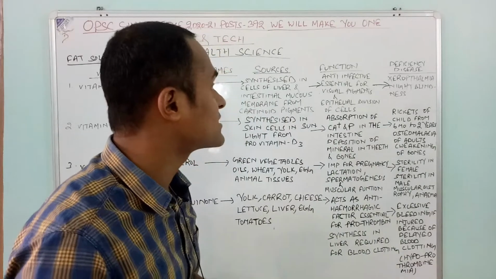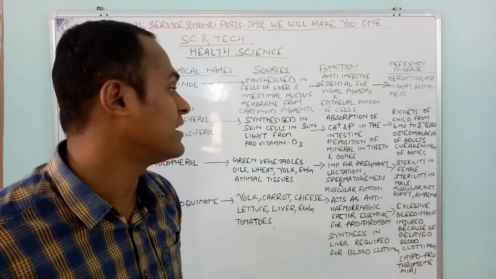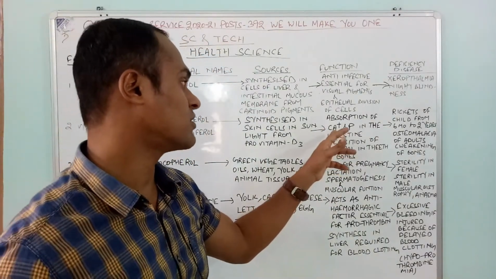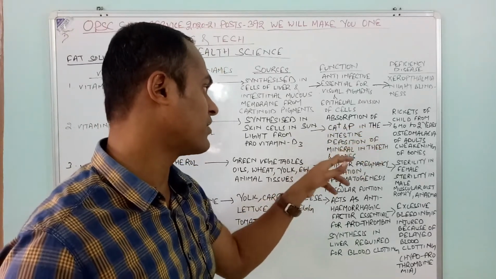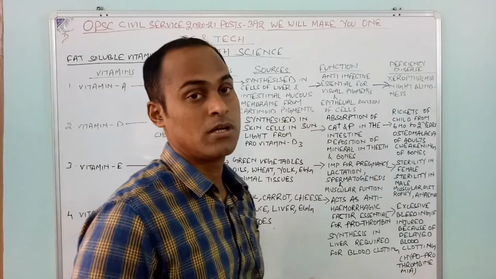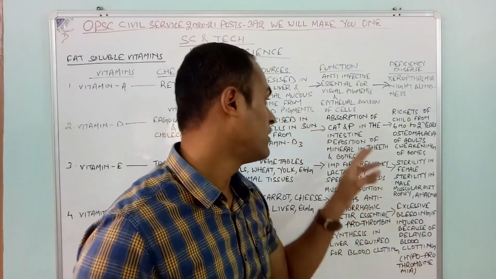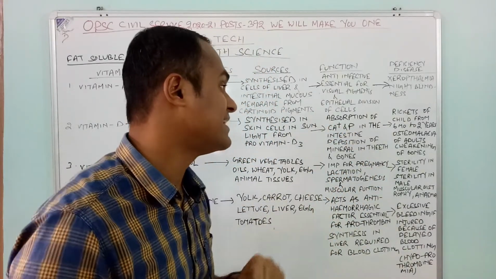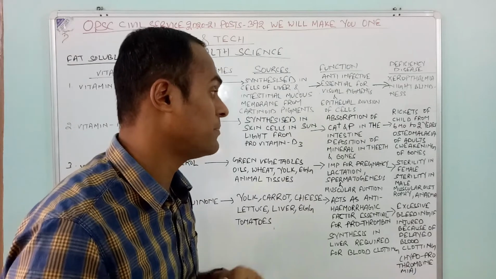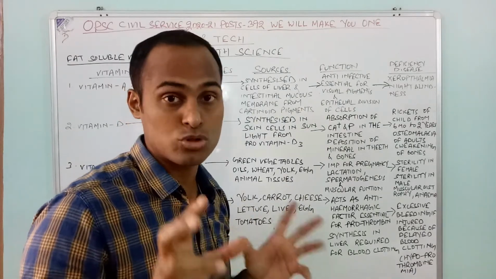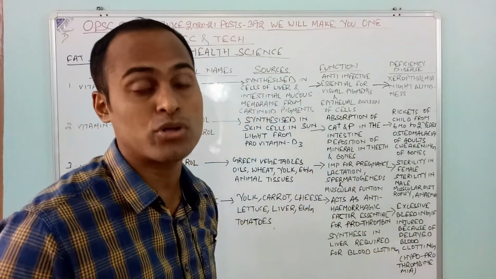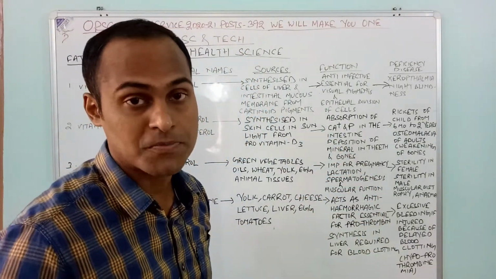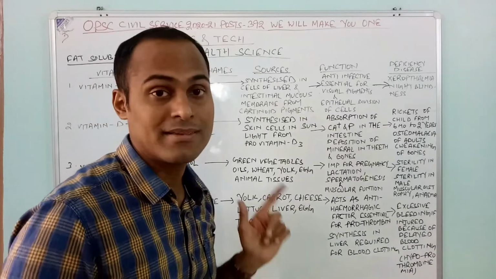Then what is the function of vitamin D? Vitamin D helps absorb calcium and phosphorus in the intestine and deposit minerals in teeth and bones. A question might be asked which vitamin is responsible for calcium and phosphorus absorption in the intestine.